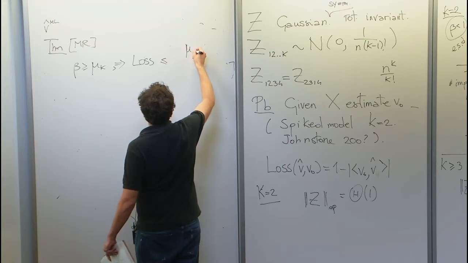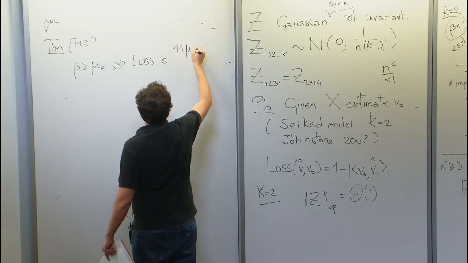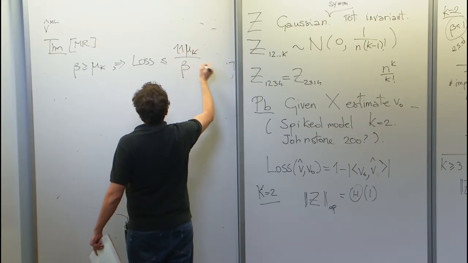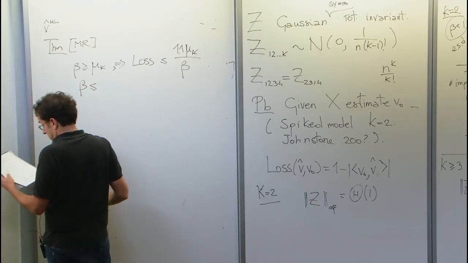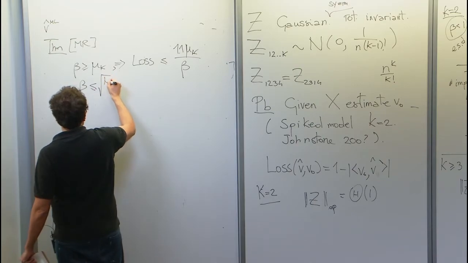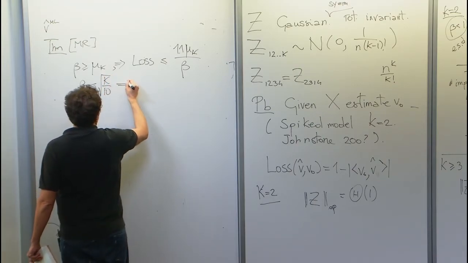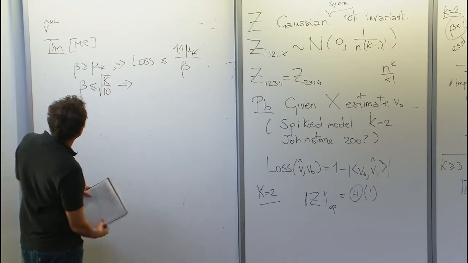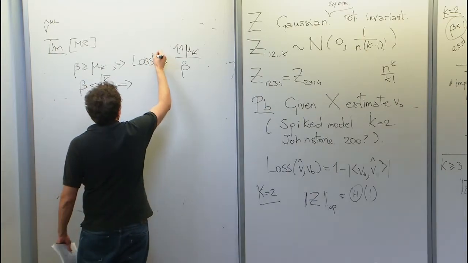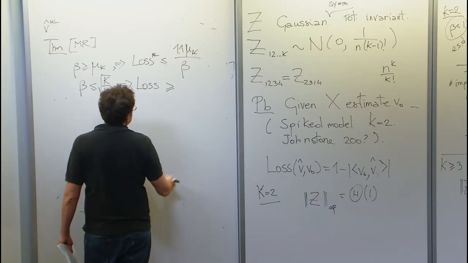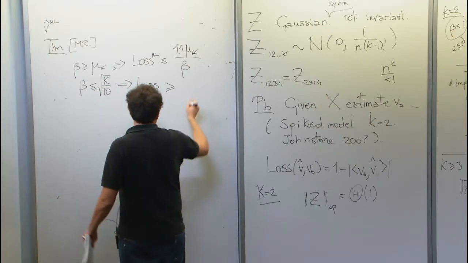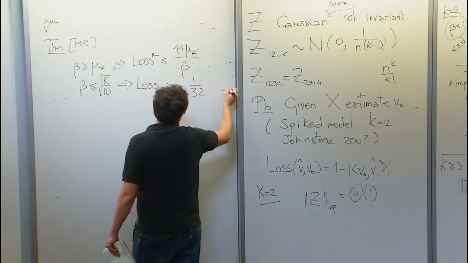Actually, the constant is 1.1 times mu k over beta. And if beta is less than square root of k over 10, okay, so this is the loss of maximum likelihood. This is the loss of any estimator is bigger than some constant, 1 over 32.